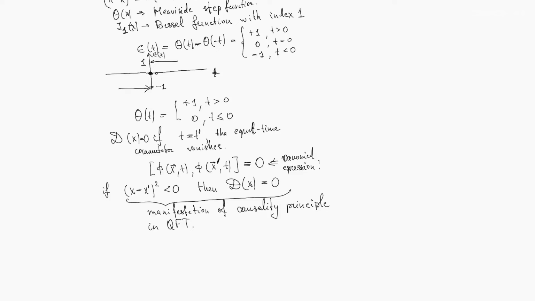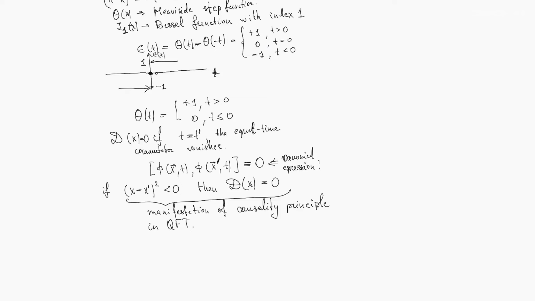So fields separated by a space-like interval are independent observables because they lie in causally disconnected regions. So indeed, from this computation, we see a manifestation of this causality principle.